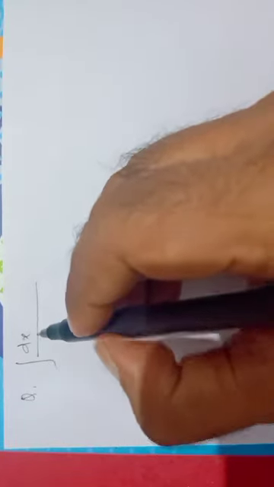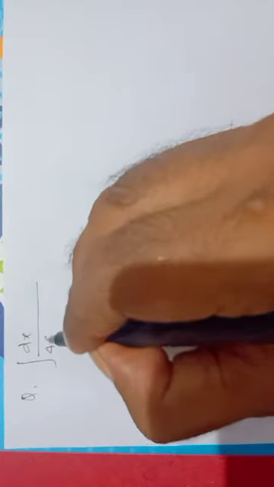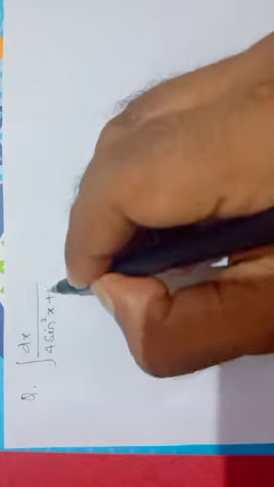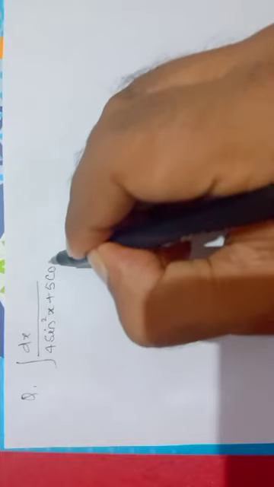Your next question is: integrate dx by 4 sin square x plus 5 cos square x.